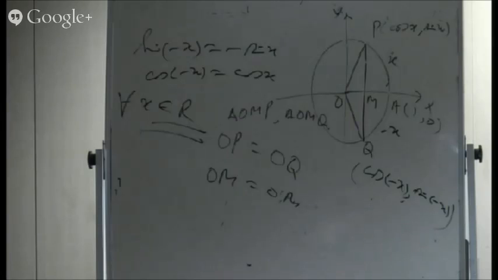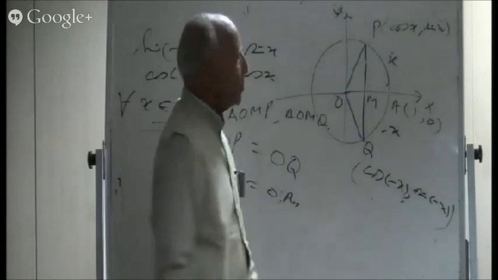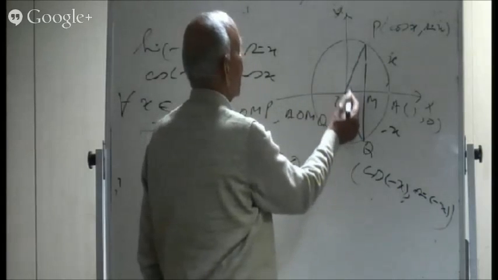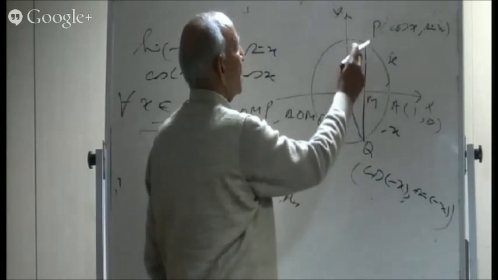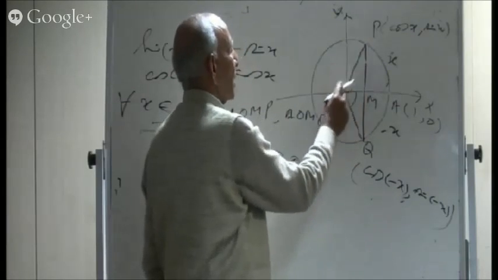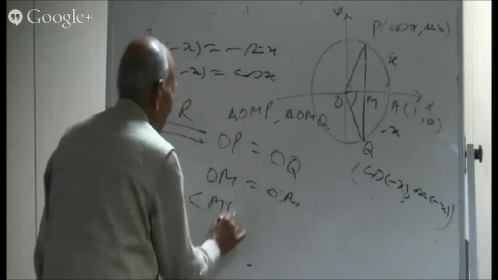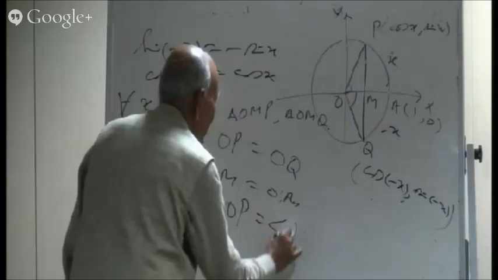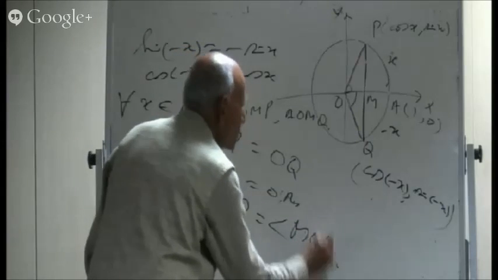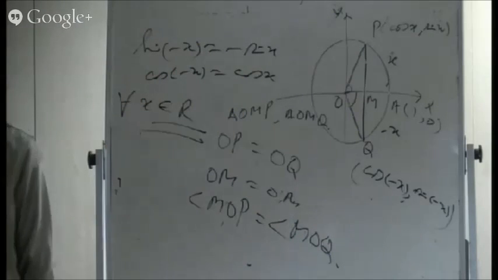Is it right? This arc AP is equal to arc AQ, so they subtend equal angles. That means angle MOP is equal to angle MOQ. So these angles are equal.